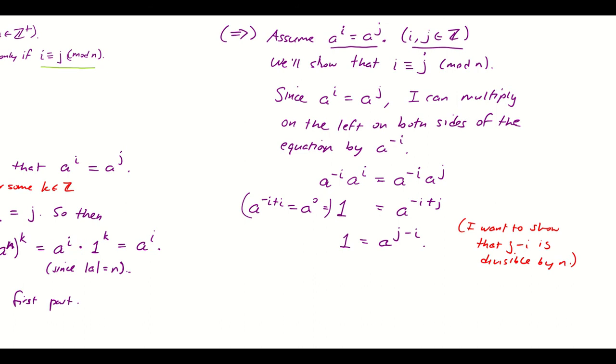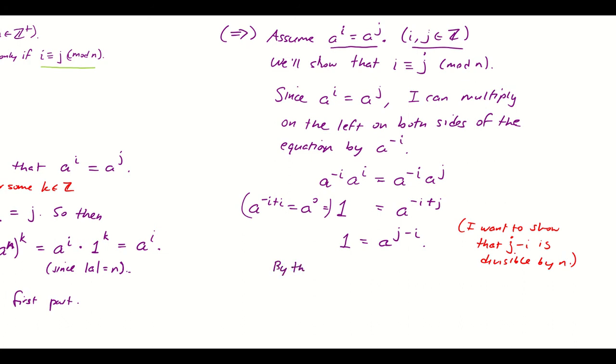But now, once I know that I want to do that, because my goal is to show that i is congruent to j mod n, the thing that always leads me to is, if I want to show something is divisible by n, one thing I can try is just divide it by n, get a quotient and a remainder, and see if I can prove the remainder is 0. So that's exactly what I'm going to use here.